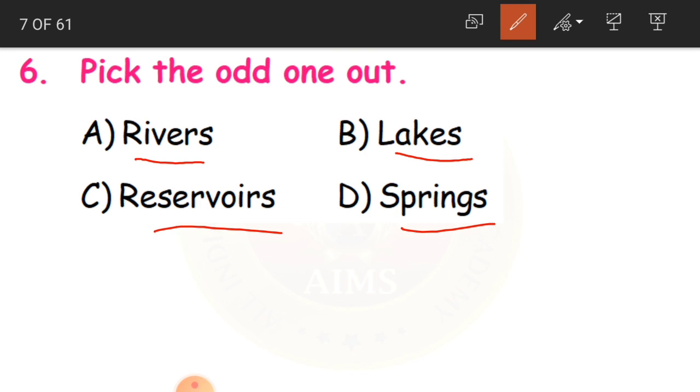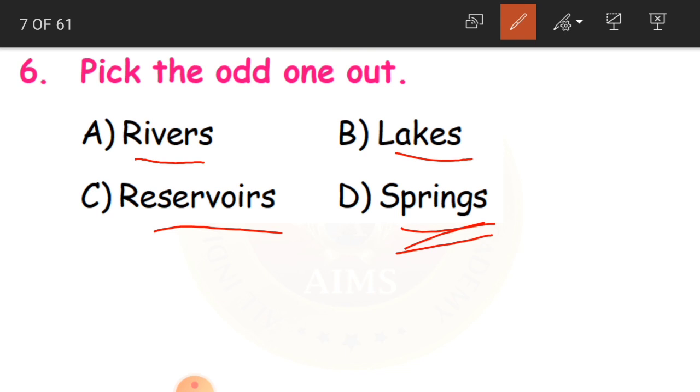So there are natural reservoirs, and there are also artificial reservoirs, in the sense some which humans have built for storage of water and to supply the water. And springs means when groundwater is so much in quantity, then it overflows, that we call springs. So when the groundwater overflows, then it is called springs.